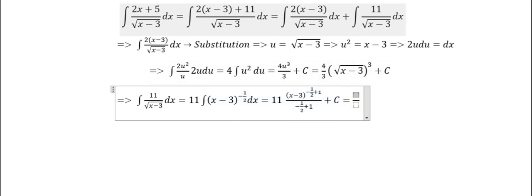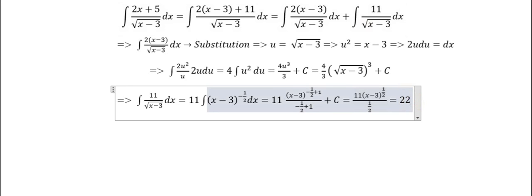is about 11 s minus 3, that will become 1 over 2, minus 1 over 2 plus 1 is about minus 1 over 2, and we got about 23 multiplied with the square root of s minus 3.